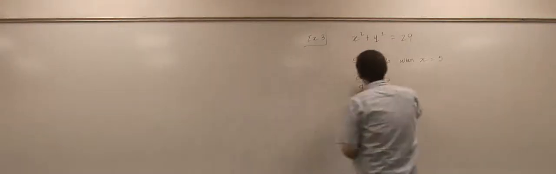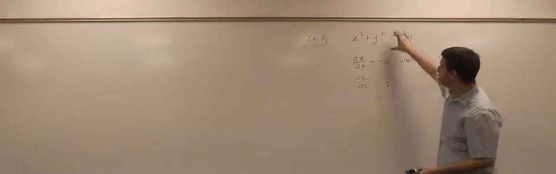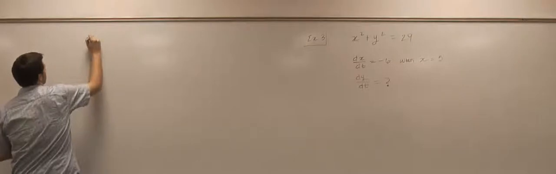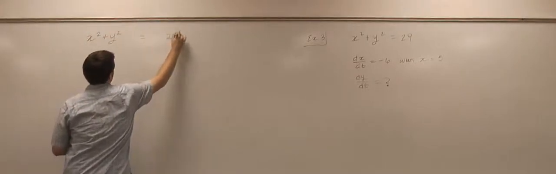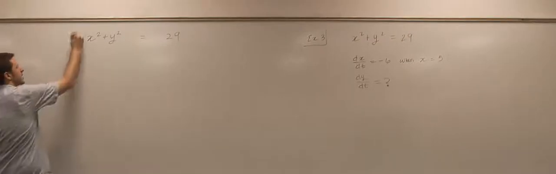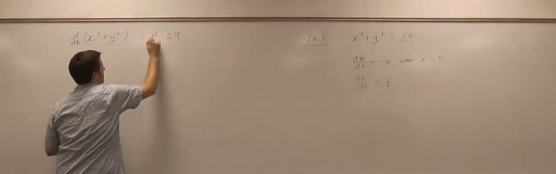Since I'm trying to get dy/dt, I'm going to have to take the derivative at some point in time. Okay, so I'll take the derivative right now with respect to time. That's how we're going to get to a dy/dt.